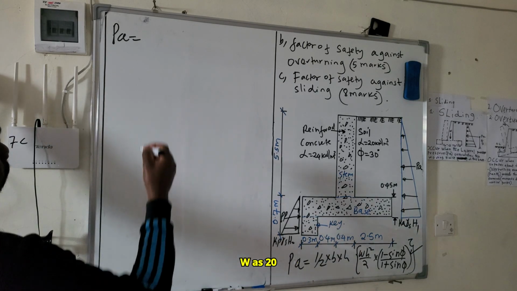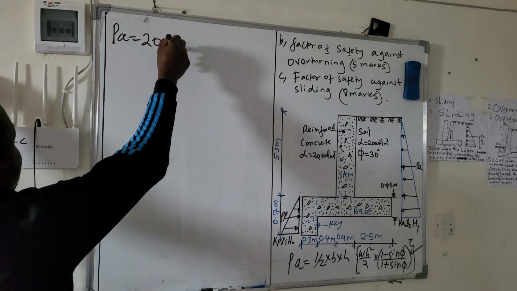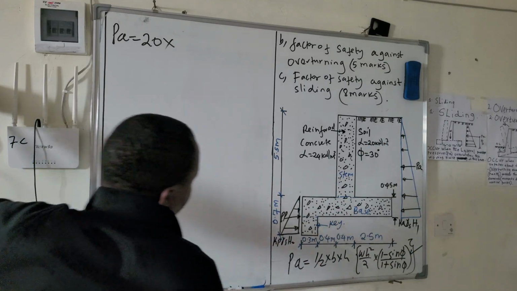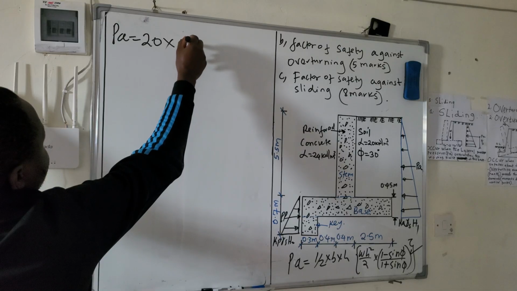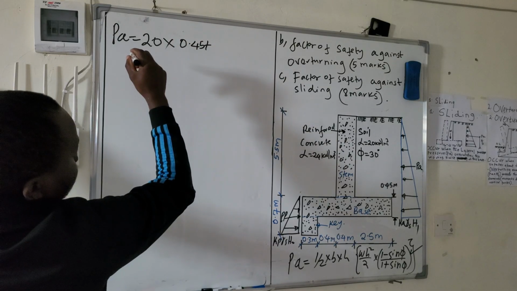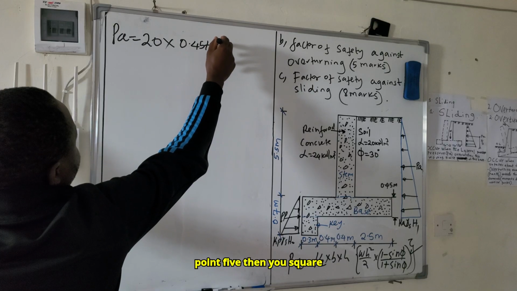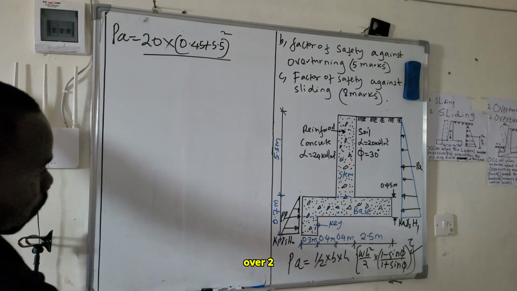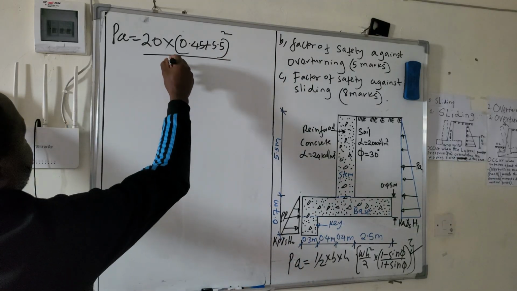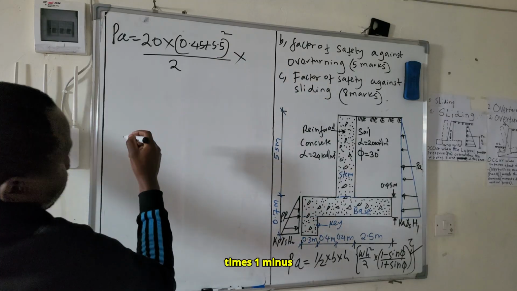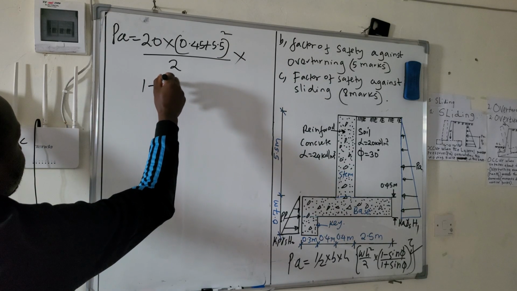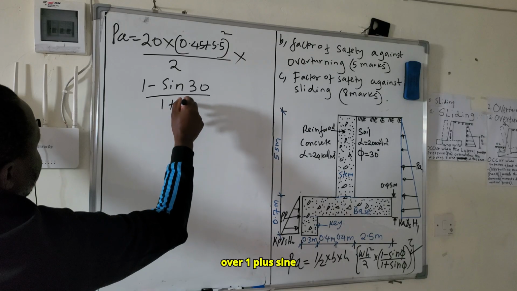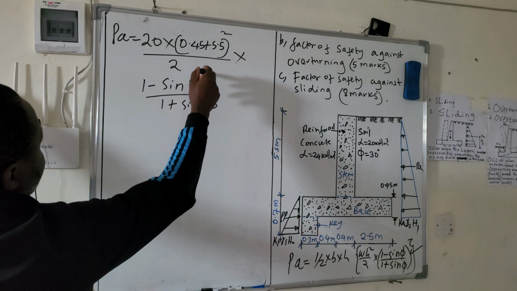So we have W as 20 times H. H is from here up to the top. So H is 0.45 plus 5.5, then you square, over 2, times (1 minus sine 30) over (1 plus sine 30).